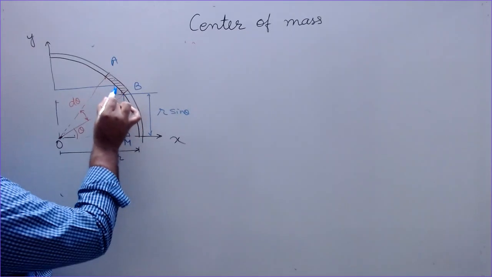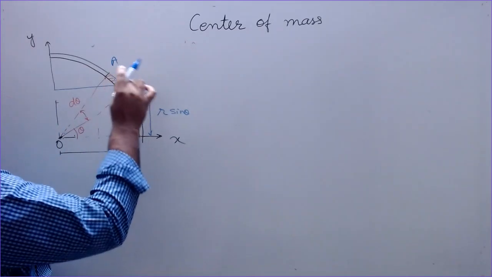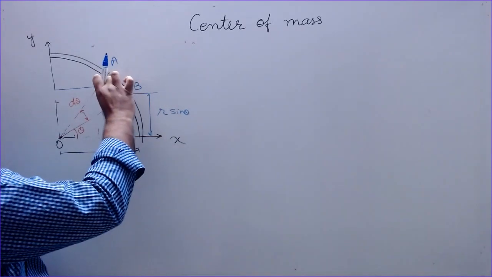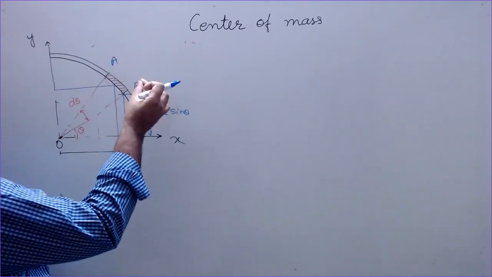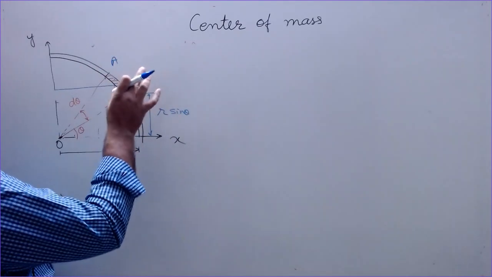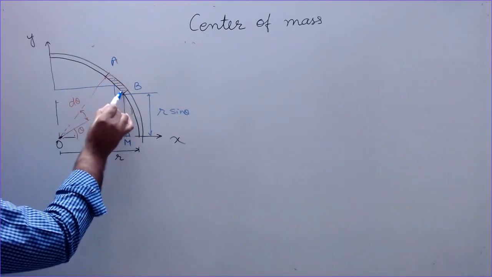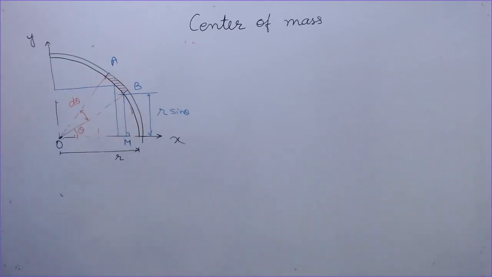Now this distance, this to this, is very small. What is this distance here to here? r sin theta plus half of this length, dl by 2 sin theta, something like that. dl is very small, can be neglected. So this coordinate and this coordinate, vertically and horizontally, can be assumed to be the same.